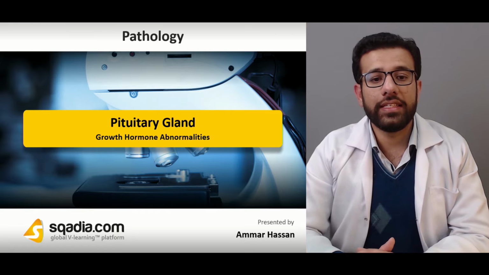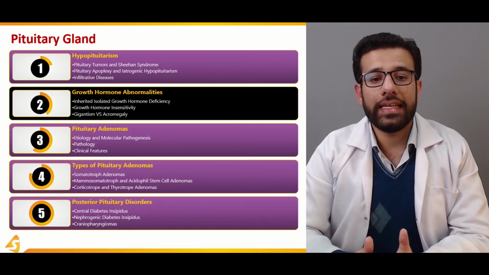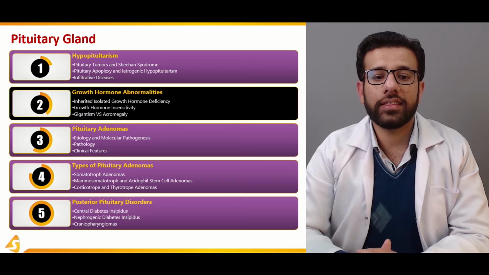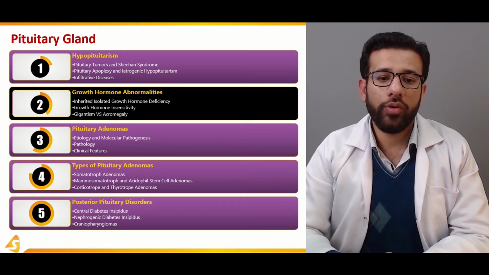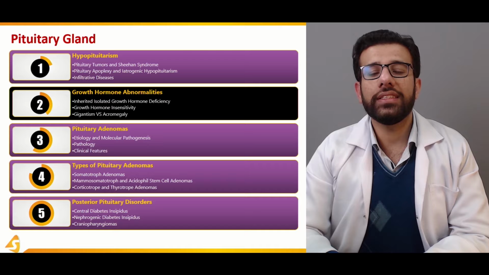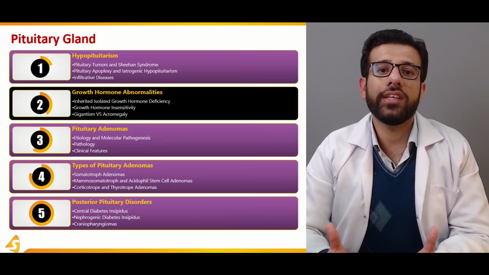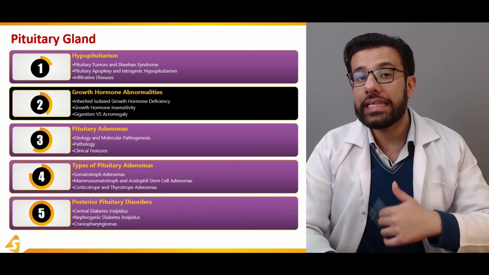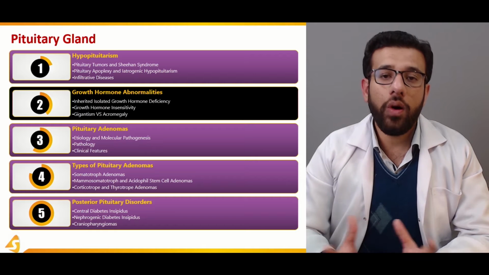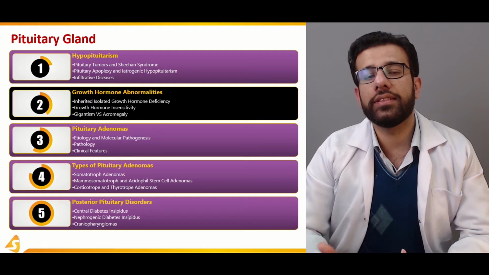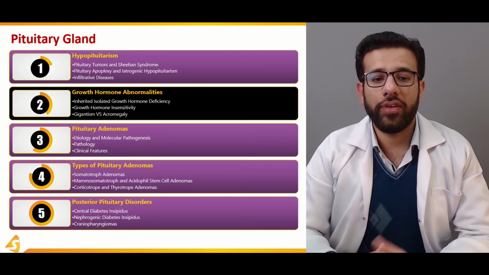So this section 2 is basically about growth hormone abnormalities, including the inherited isolated growth hormone deficiency, which is a recessive type of the growth hormone deficiency, and the growth hormone insensitivity, in which the persistently increased level of the growth hormone results in the down regulation of certain receptors, resulting in the growth hormone deficiency.